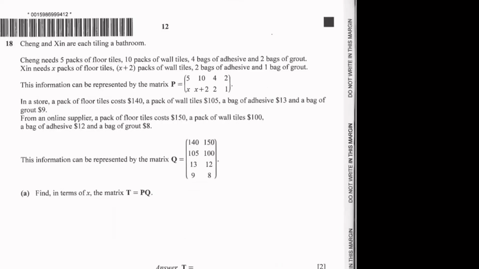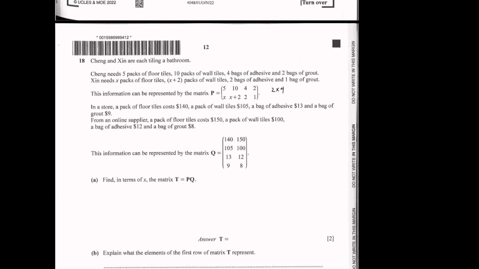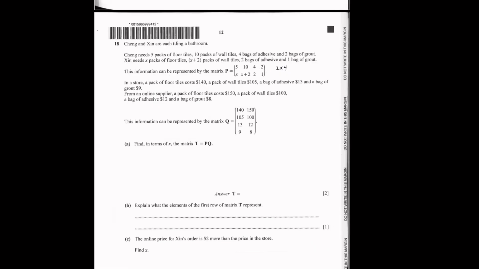So we observe that P is a 2 by 4 matrix because it has 2 rows and 4 columns. And in a store, a pack of floor tiles costs $140. A pack of wall tiles costs $105. A bag of adhesive costs $13. And a bag of grout costs $9.